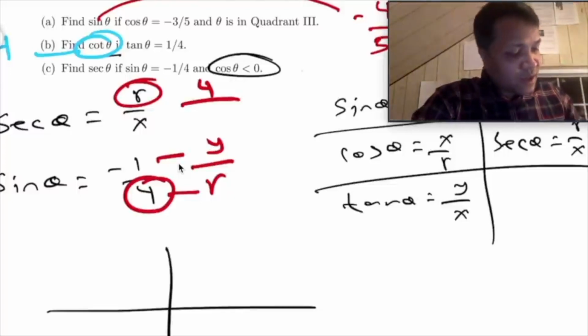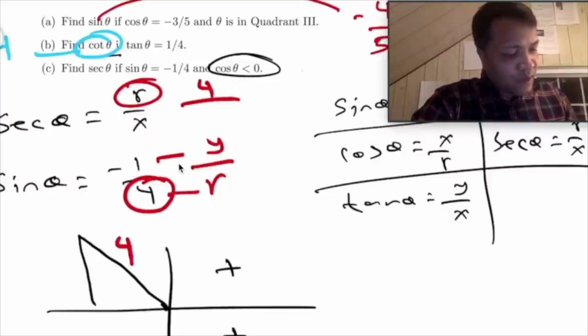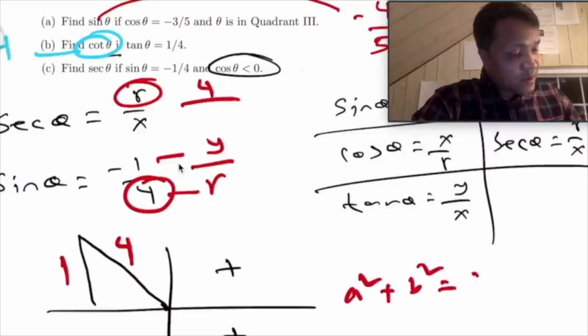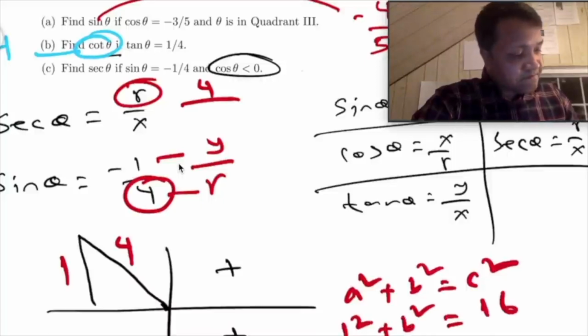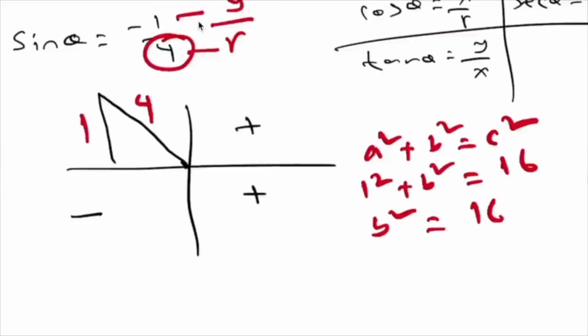Cosine is positive over here, negative over here, but it has to be in the right quadrant. Alright, r is 4 and y is 1. So a squared plus b squared equals c squared. Then 1 squared plus b squared is equal to 4 squared, which is 16. So b squared is 16 minus 1, so b is the square root of 15. So then x is the square root of 15.